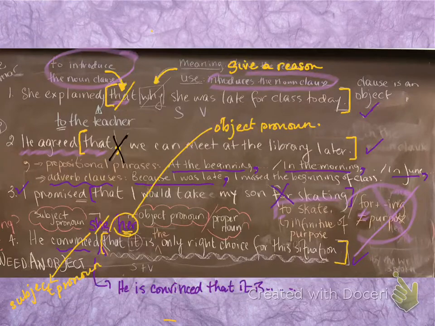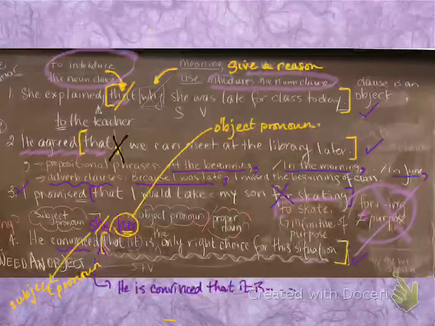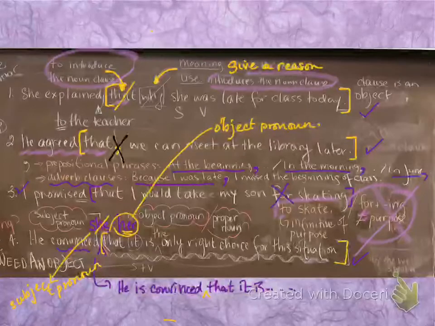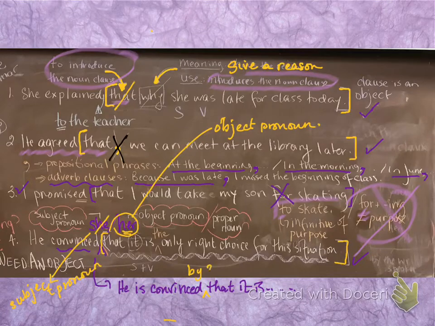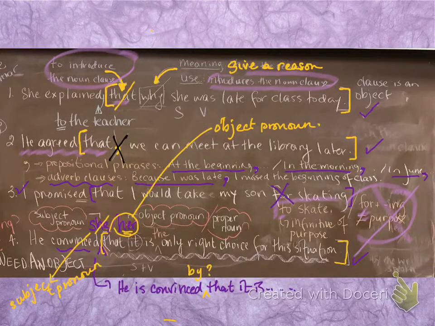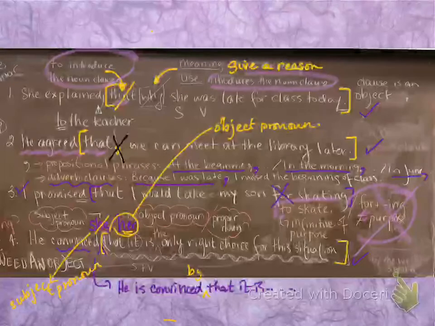And what's happening here is in using the passive, the agent becomes the indirect object. So he is convinced by what? By what he read, by his mother, I don't know. He's convinced by someone, right? And that's usually what the agent tells us.